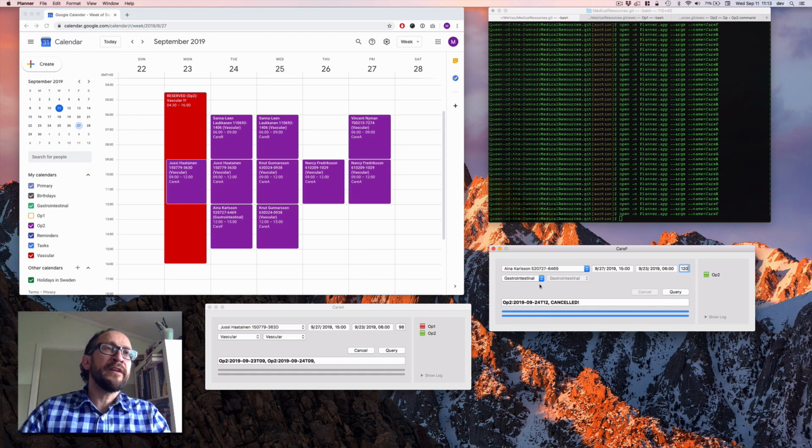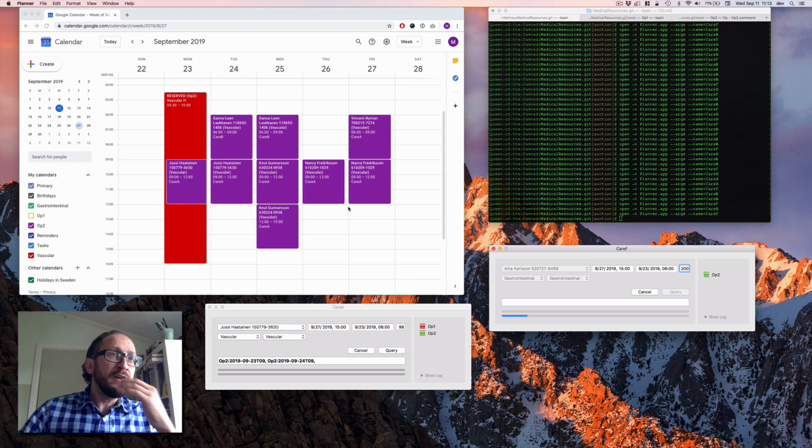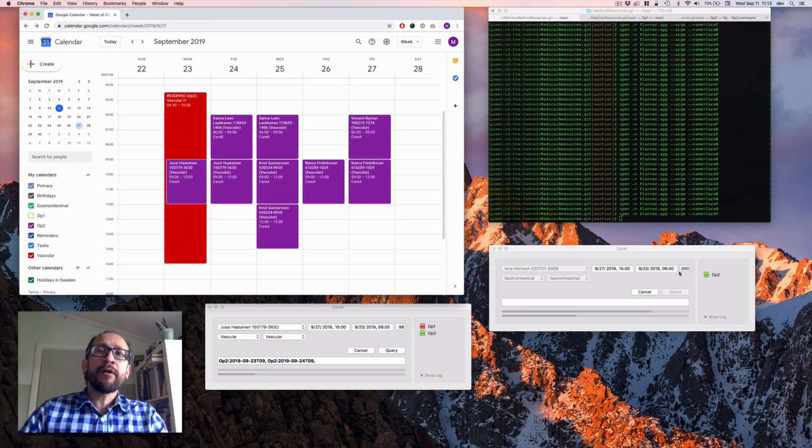If, for example, I were to say that Einar Karlsson's surgery is super important, I could give a very high priority, and if I were to query again then, Op2 can see that Einar Karlsson has a super high priority and can then choose to retrofit the 23rd for gastrointestinal surgeries instead of vascular surgeries.